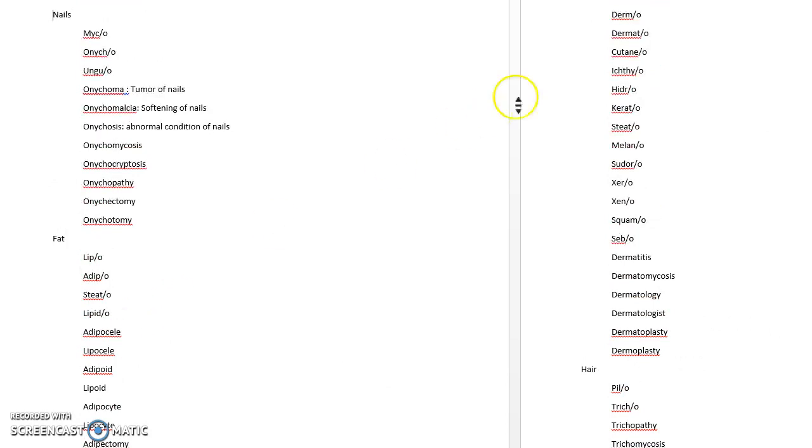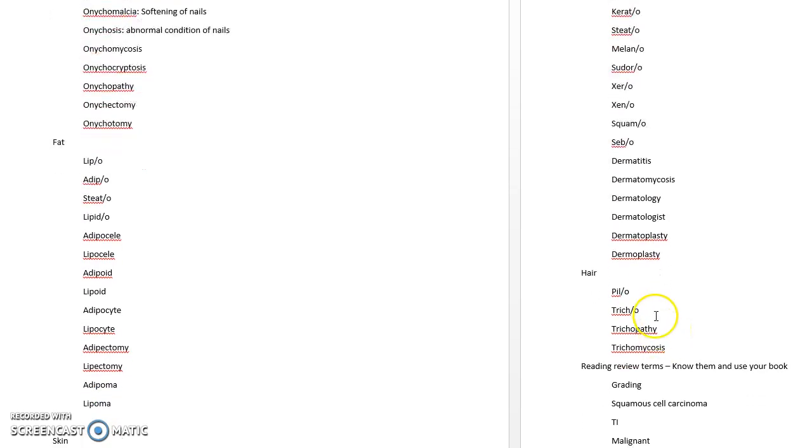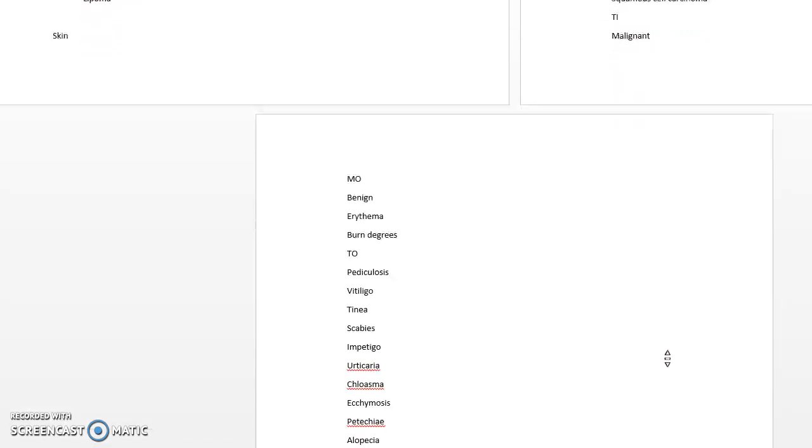And then back up here, scan again, dermo, dermato, cutaneo, ichthyo, hydro, kerato, steato, melano, sudor, xero, xeno, squamo, sebo, dermatitis, dermatomycosis, dermatology, dermatologist, dermatoplasty, dermoplasty, pilo, tricho, trichopathy, trichomycosis. So those are the terms.